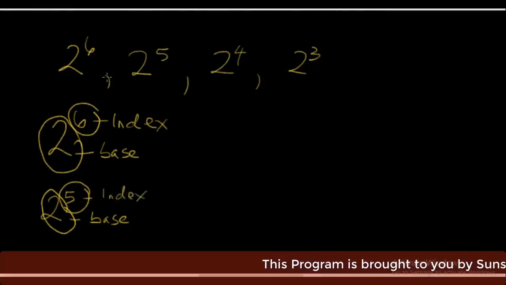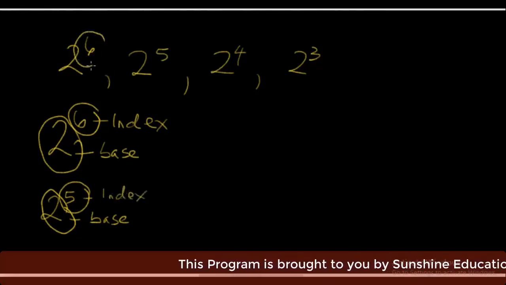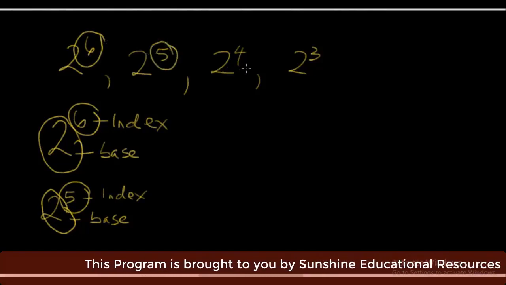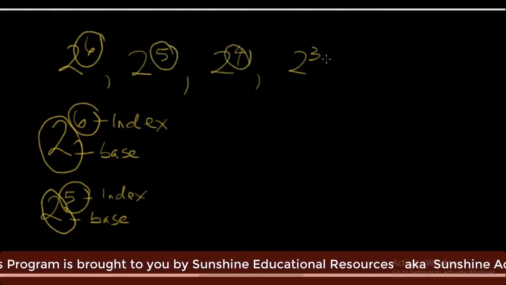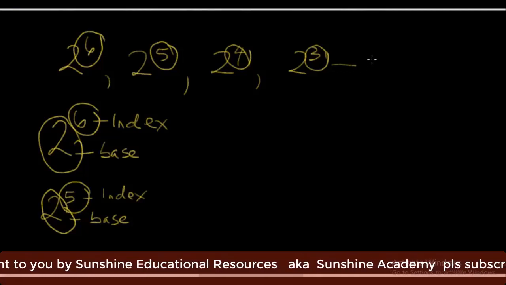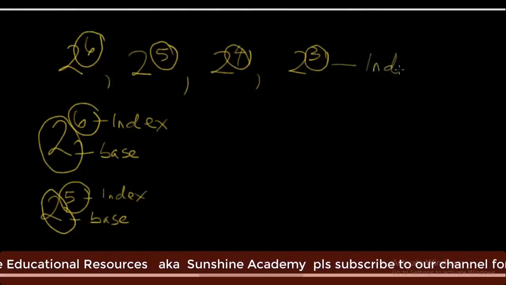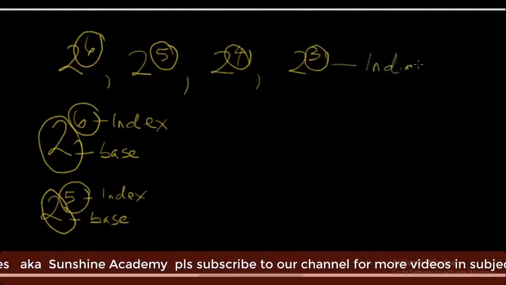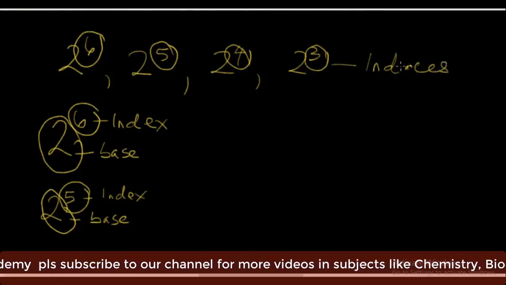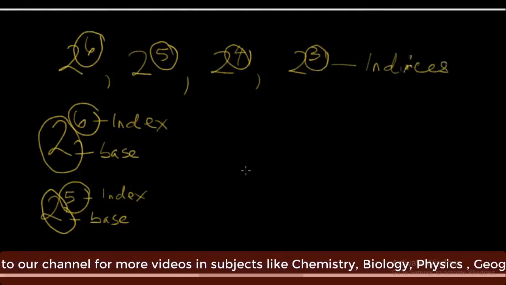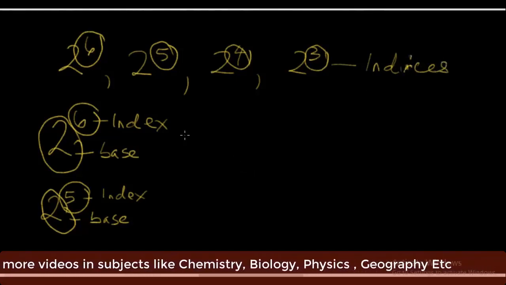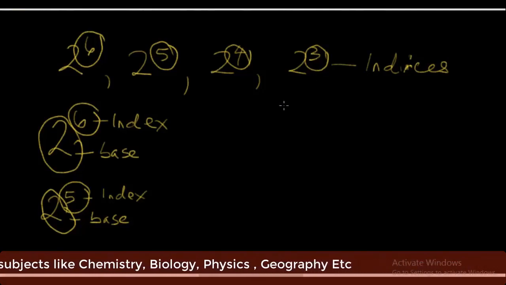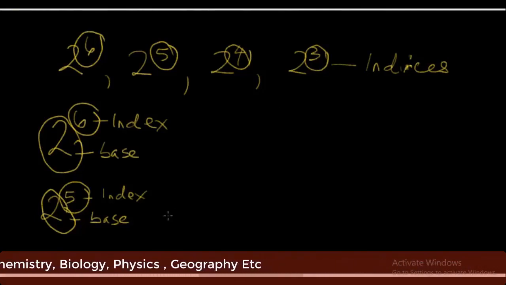From what we've understood above, the 6, the 5, the 4, and the 3 are called the indices.